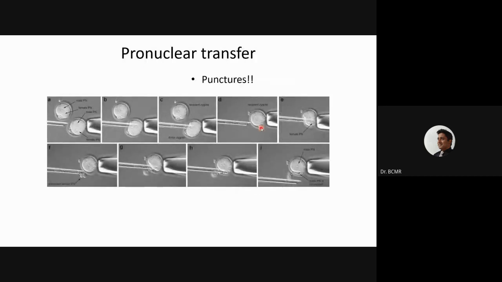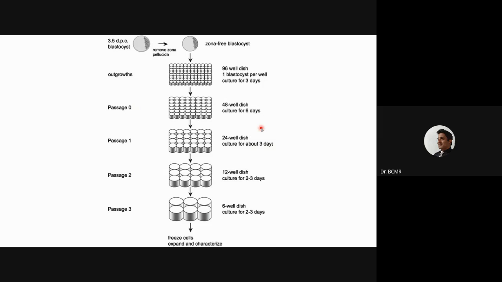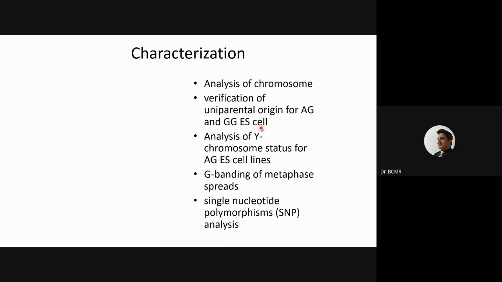So we learned about pronuclear transfer in this course. We will see a video or so that shows how pronuclear transfer is done. But in the next class, we are going to discuss analysis and characterization of AG and GG cells.